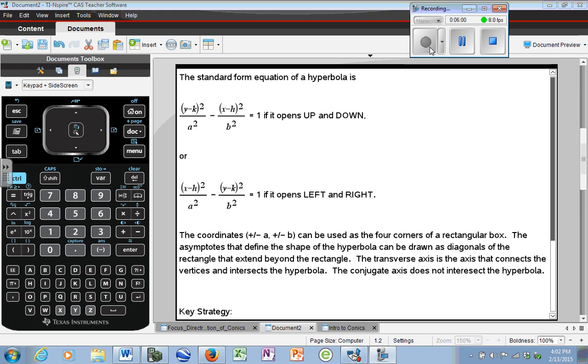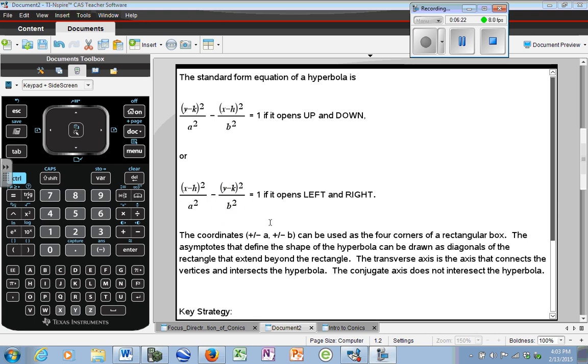Remember how we did this with parabolas and with circles and ellipses, that you just go down the series of steps and establish what all the parts are. So you see up here that if it opens up or down, then the y comes first, and then x. Or if it opens left and right, the x comes first minus the y part.